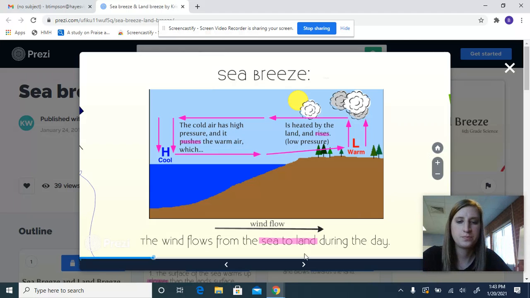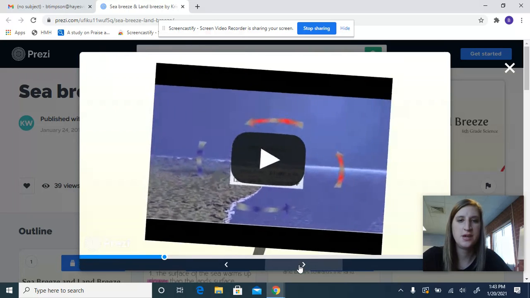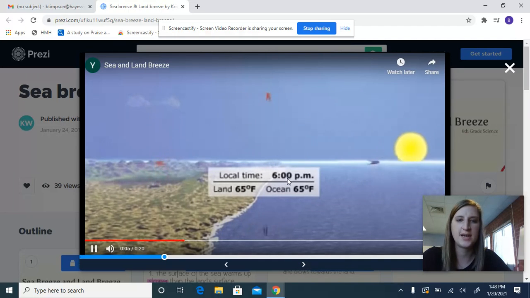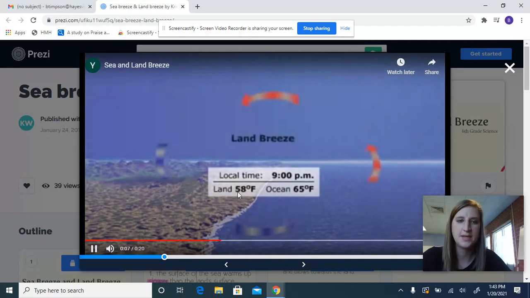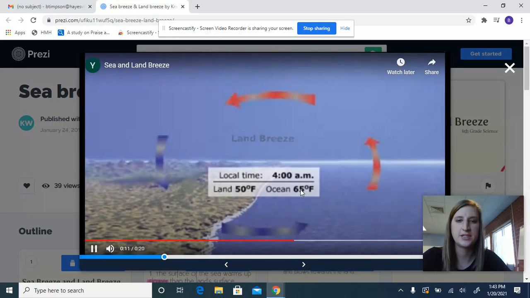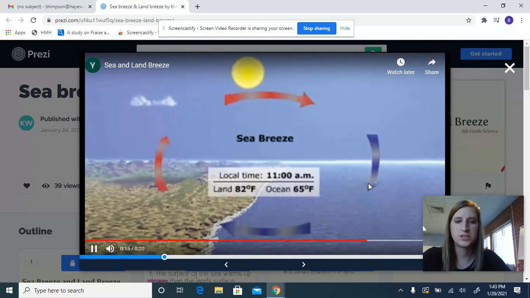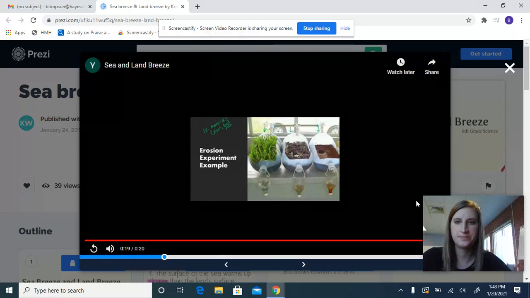Moving on. They have a short video. So this is just showing what is happening during the day. The land's temperature's going down. Ocean's kind of staying the same right here. So we're at the beach right now in our video. Notice the change in time and change of temperature.